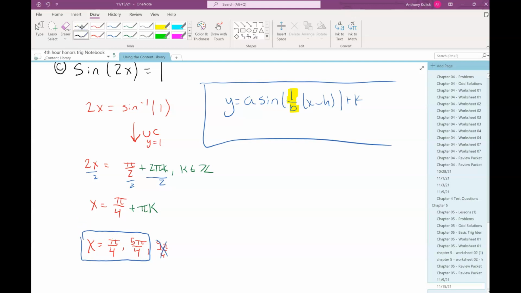So that's our trick. Whenever we see a coefficient on our variable, we've got to make sure we're using infinite solutions to generate all of our answers.